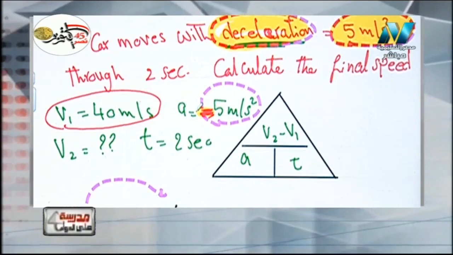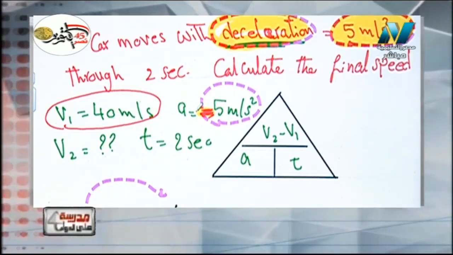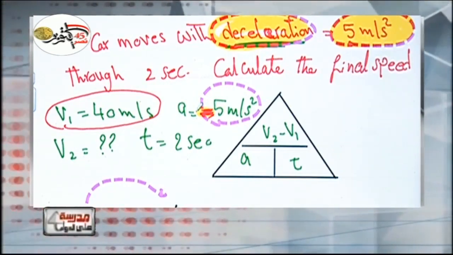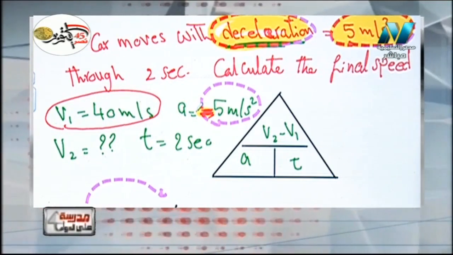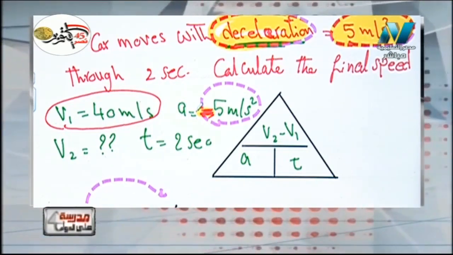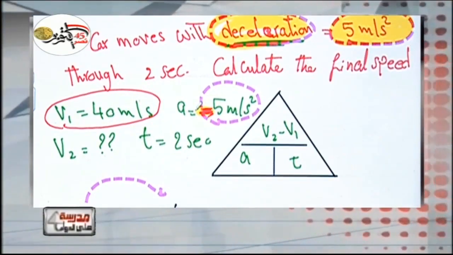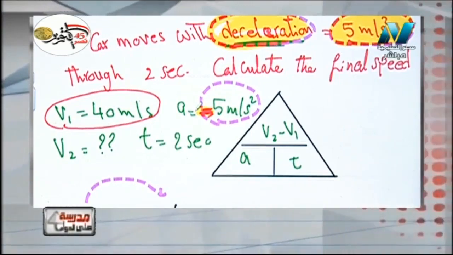Number 3, how can we deal with acceleration, final speed, initial speed, and time. يبقى نخلي بالنا مع بعض ان هنا in these cases we have to write value beside the acceleration. عندنا لازم يبقى ليها قيمة ان هي في positive acceleration وفي negative acceleration. يبقى احنا عرفنا مع بعض ان positive acceleration the speed increases as time passes, and the negative acceleration the speed decreases as time passes. At the same time we have positive as positive value and negative with negative value.